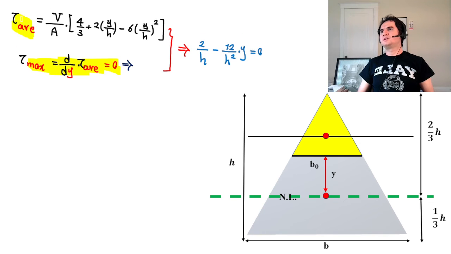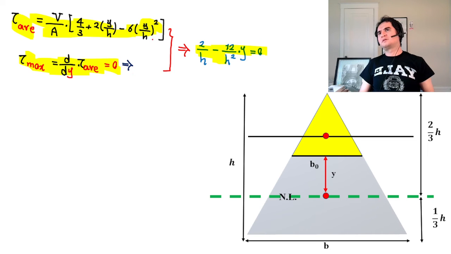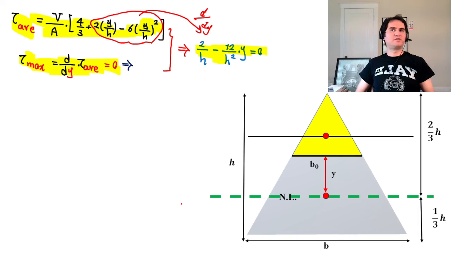If we know these two facts, that tau average is this equation and tau max is just d over dy of the above term, it gives me 2 over h minus 12h squared times y goes to 0. That's the derivation of the top, d over dy.